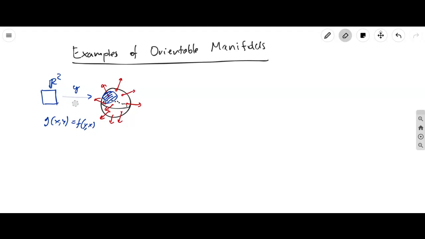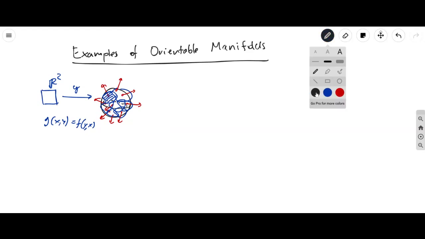So the idea is you cover the sphere with lots of different charts, since it's a smooth manifold. For every chart, you check whether the face that you see is pointing to the outside. If it is, you keep the chart, and if it does not, you change the orientation on that chart. You do that for all of the charts, and then you have a collection of charts, all of which point the same way. And that means that the sphere is orientable. That's the basic idea.